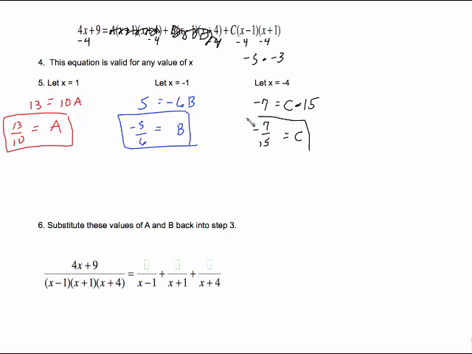Those are your 3 values for A, B, and C that get substituted back into these fractions. A is 13/10, B is -5/6, and C is -7/15.